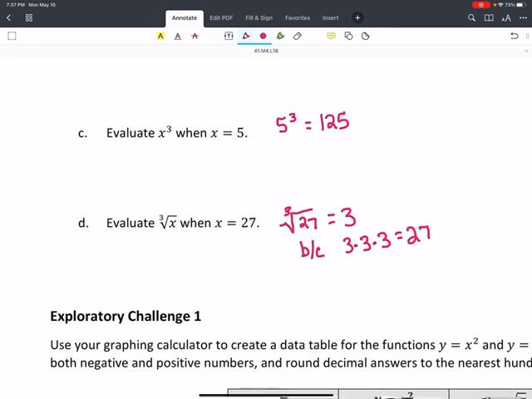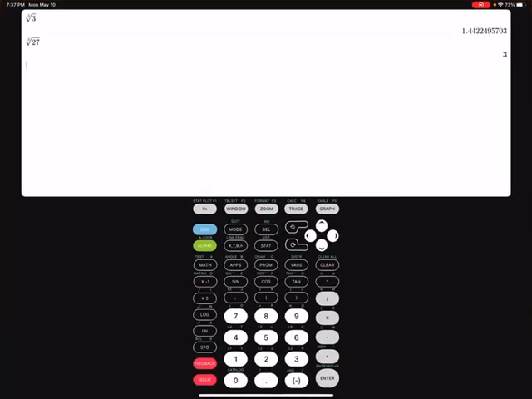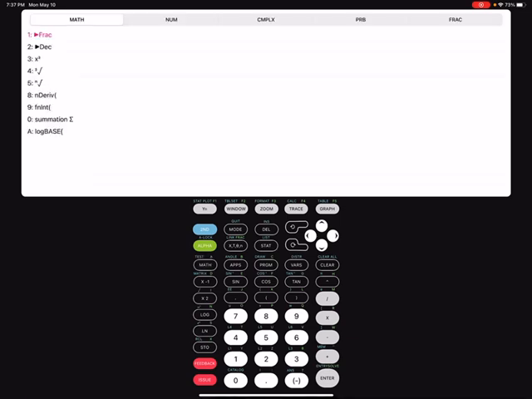And I want to show you how to do that on your graphing calculator. So all we have to do is look under the math option. So I want to choose math. And then that fourth option says cube root. So I'm going to hit enter.